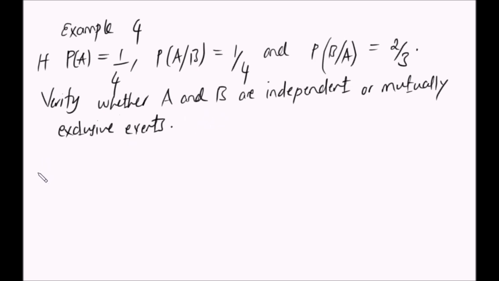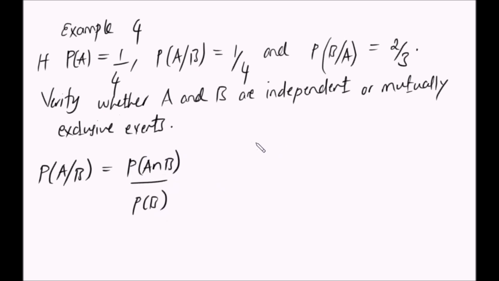So the probability of A given B ni sawa na nini? Sawa probability of A intersection B over the probability of B. Alafu the probability of B given A ni sawa na the probability of A intersection B over the probability of nini? Of A. Kwa hiyo huyu aliko chini ndo anakaa chini pia.